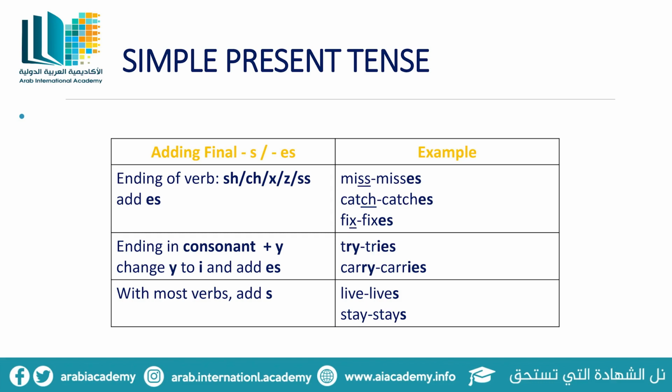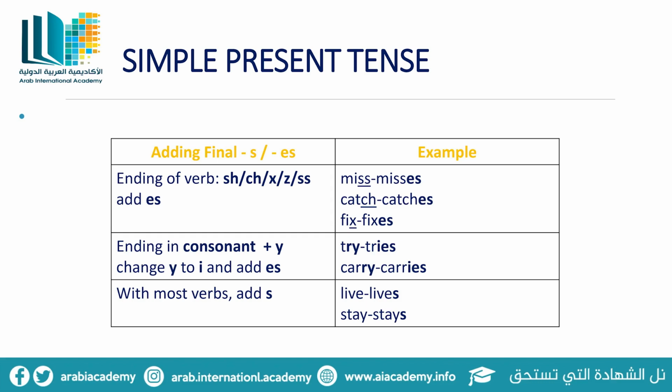Now, when do we also add es? When the verb ends with a consonant plus y. Consonant means any letter other than the vowel letters. In this case, we change the y to i, and then we add es. For example, here we have the verb try.